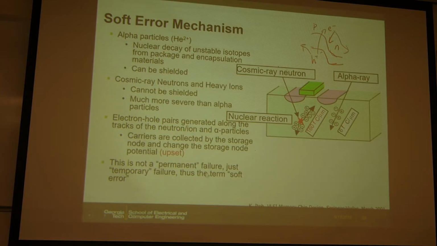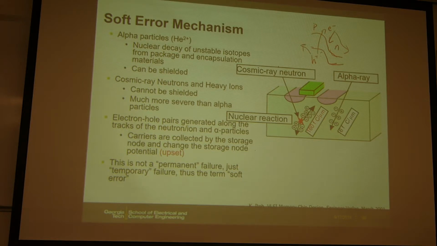This is not a permanent failure, it's just a 1 to 0 or 0 to 1 flipping, and you can recover this by rewrite. But you would have to have the data stored somewhere else to be able to write it back to the cell. This is all done by ECC, error correction code.